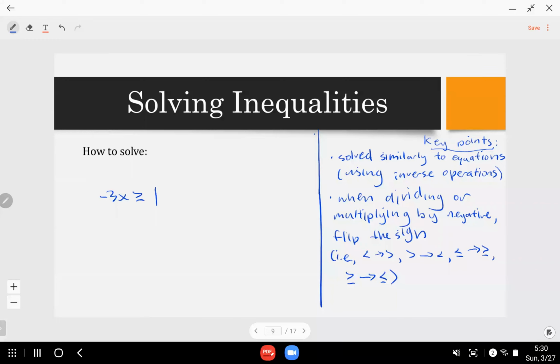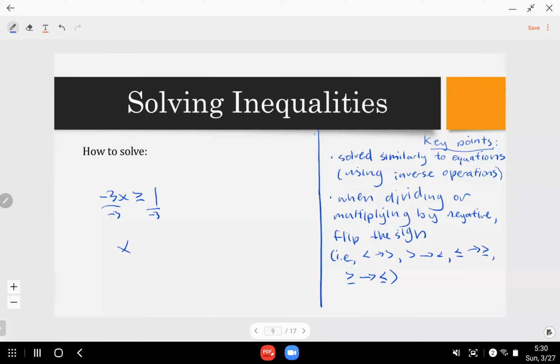So, do we first divide both sides by -3? Yes. And then?